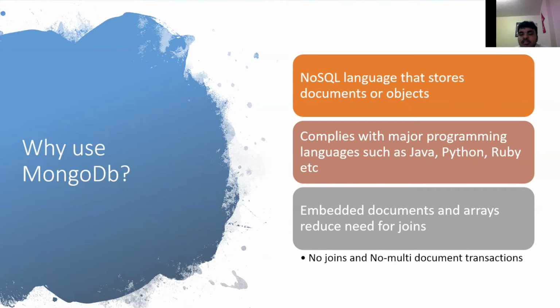The other benefit is MongoDB does not use joins. It embeds documents and arrays to reduce the time complexity, and there is no necessity of joining. So that's why MongoDB is much faster than other database languages.